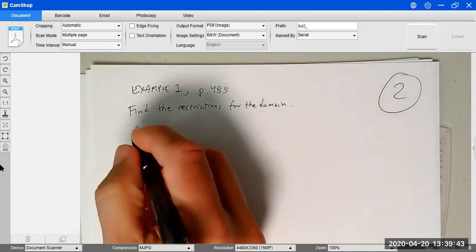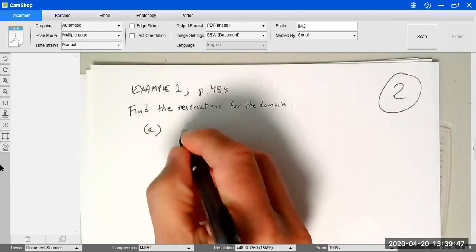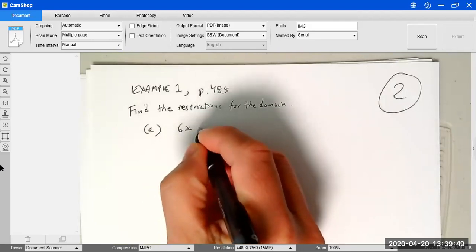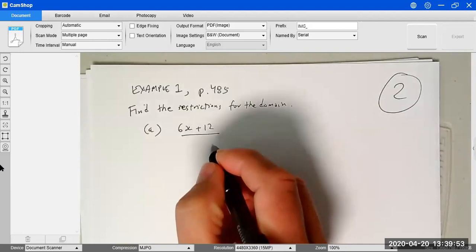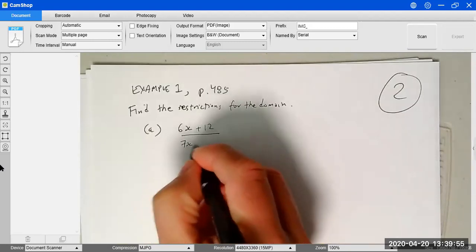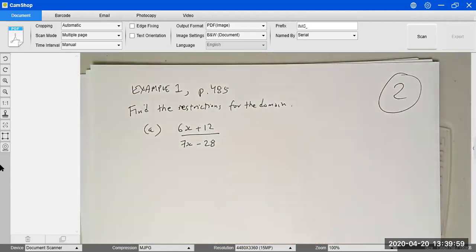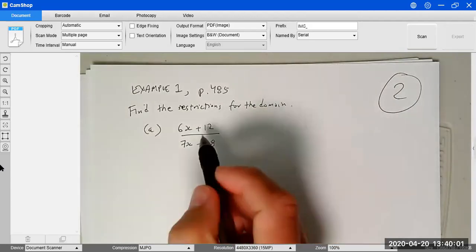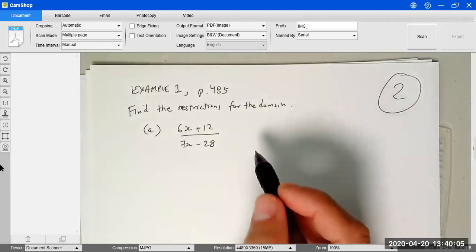So the first case is (6x + 12) over (7x - 28). So this is my rational expression. It's just a fraction where the numerator is a polynomial and the denominator is a polynomial.